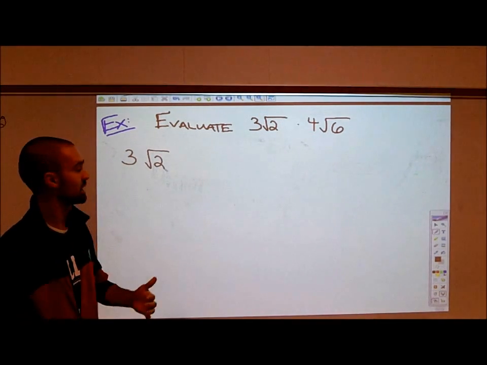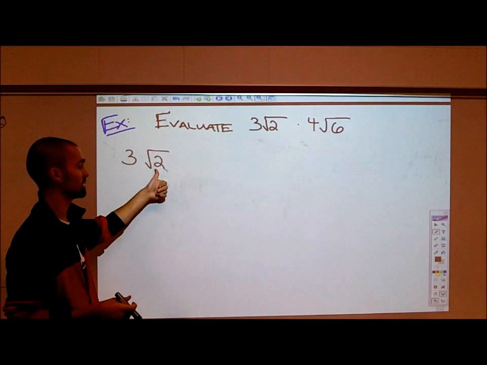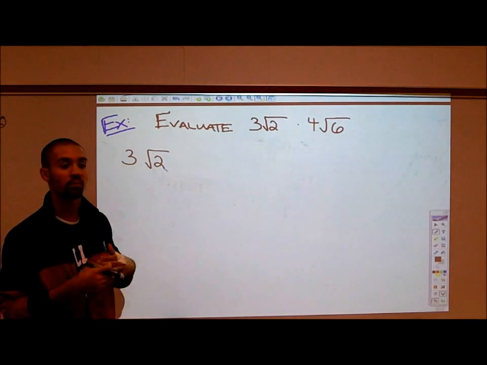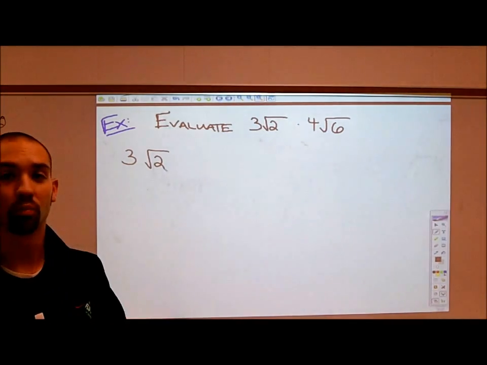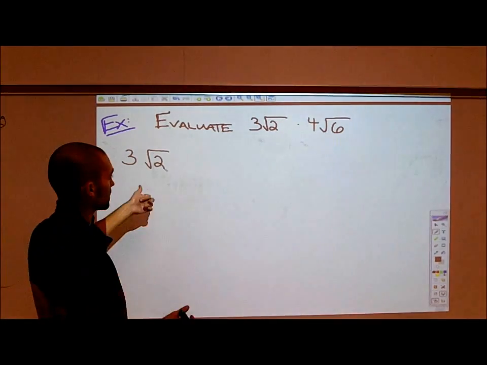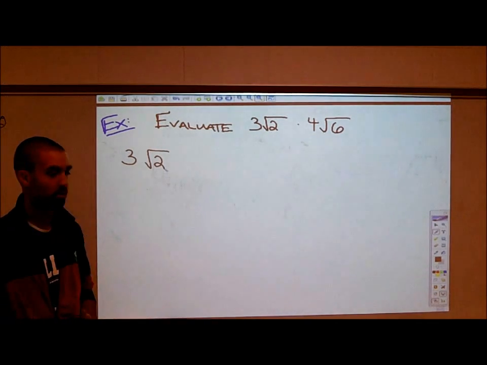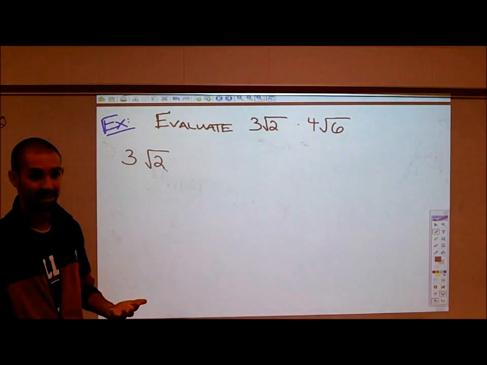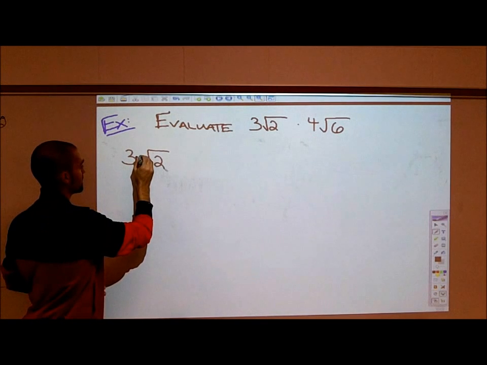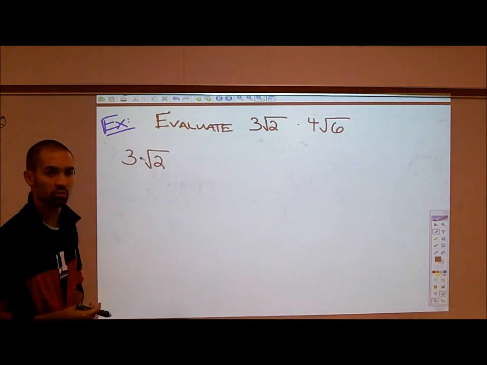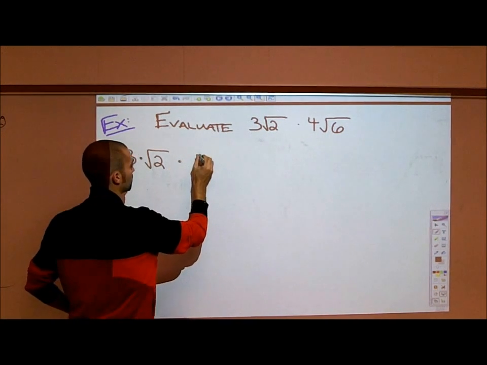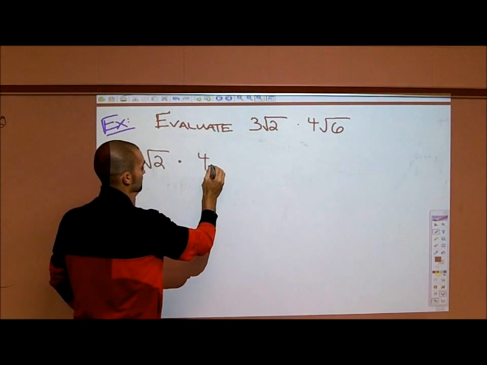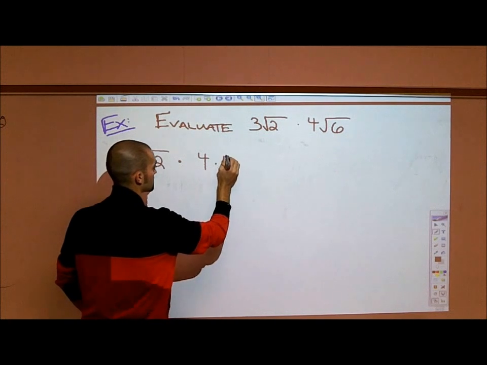The question we want to ask ourselves is, how is this 3 connected to that square root of 2? What operation do we use when a number is next to a grouping symbol? Okay? Because the way you look at radicals, it's a grouping symbol. Well, it's multiplication. So we have 3 times the square root of 2. Well, we're multiplying that by 4 times the square root of 6.